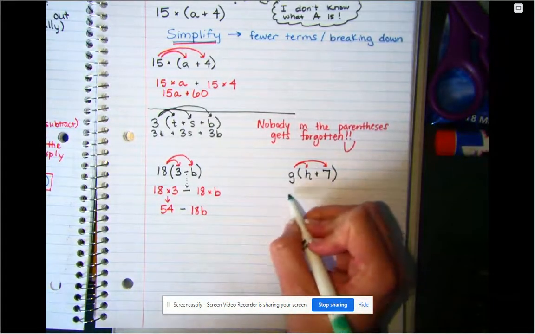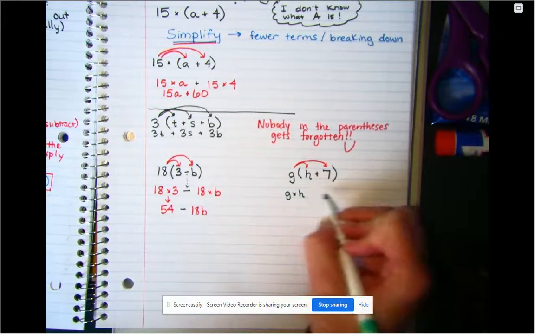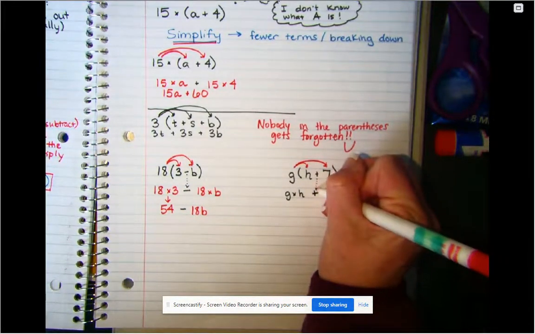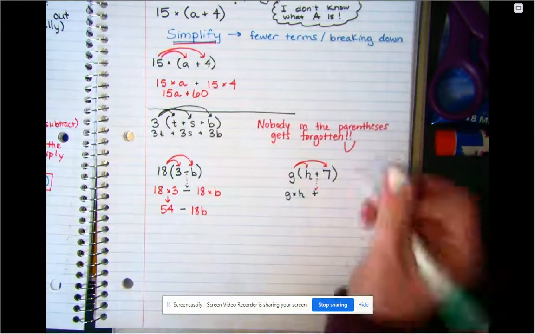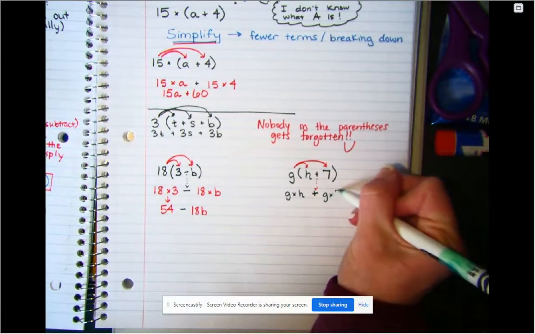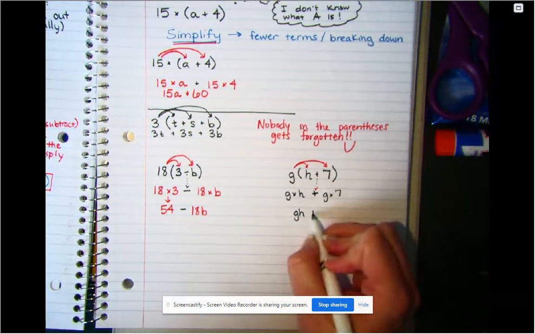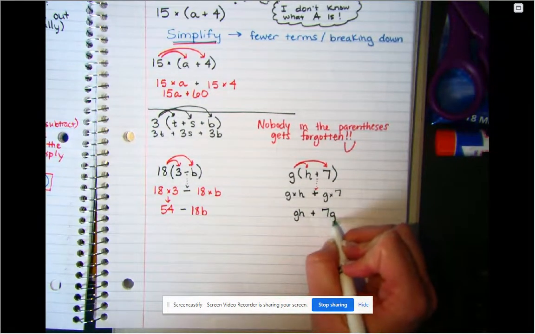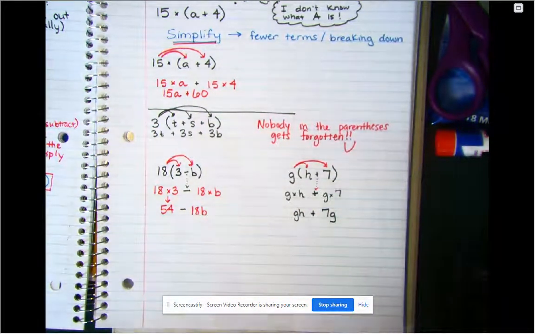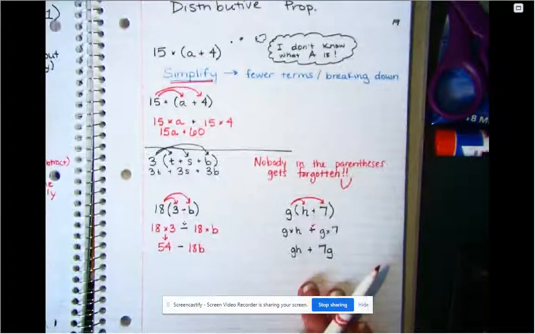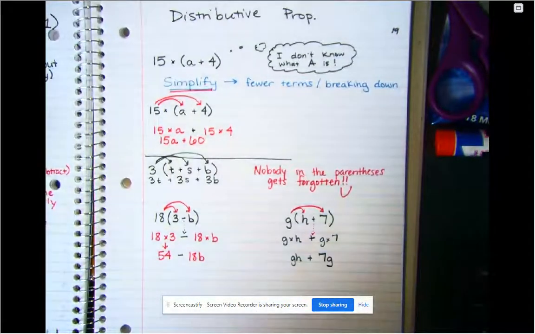So we could do G times H plus, and again that plus is coming because it was a plus in the original problem, G times 7. G times H is GH plus G times 7 is 7G. So that is simplifying using the distributive property.